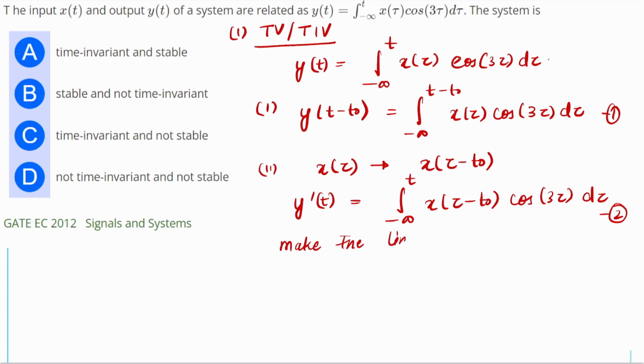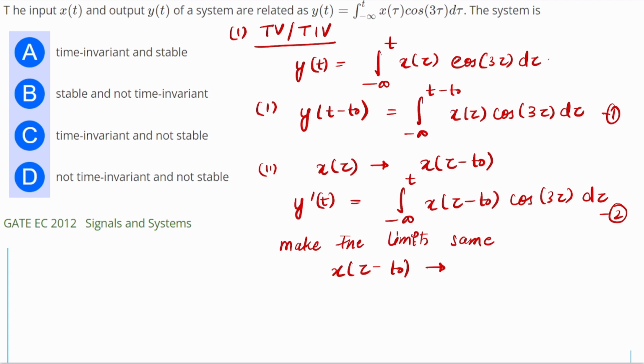So we have to make the limits the same. So we have to convert x of t minus tau.